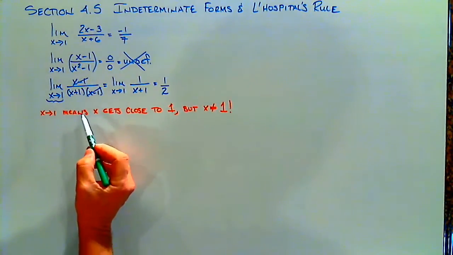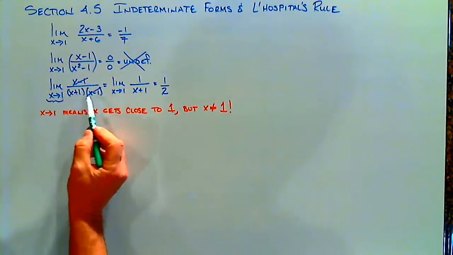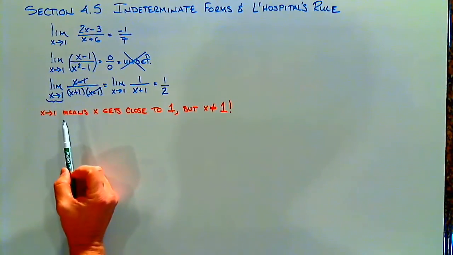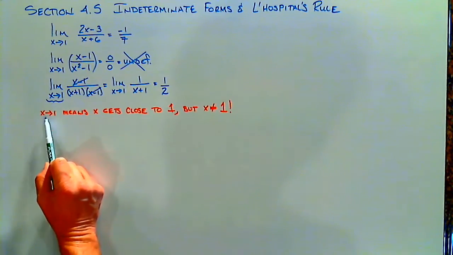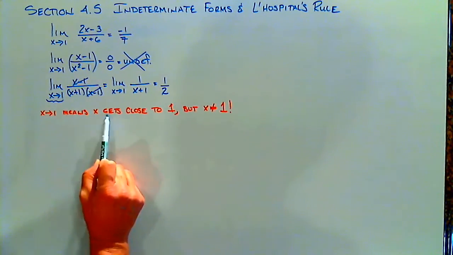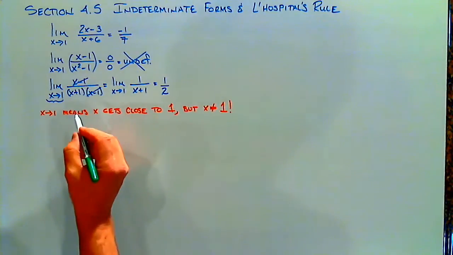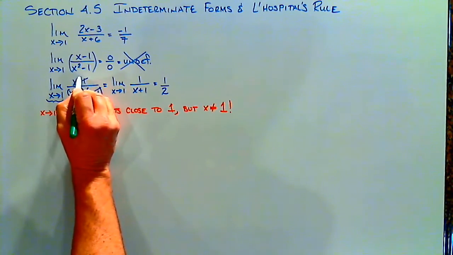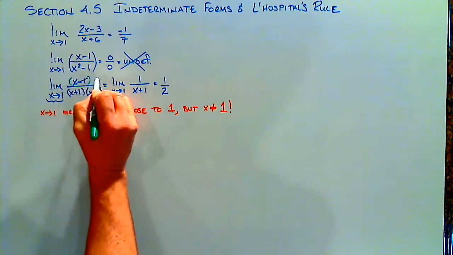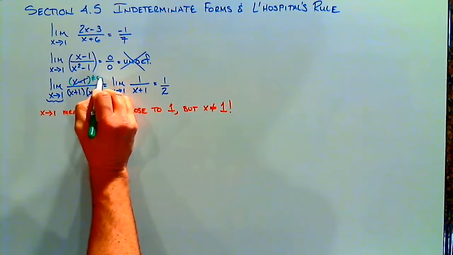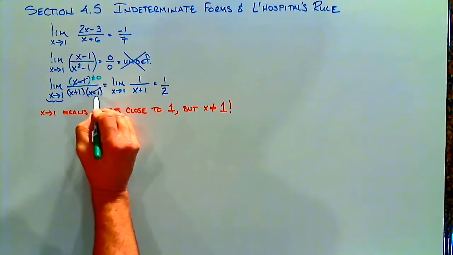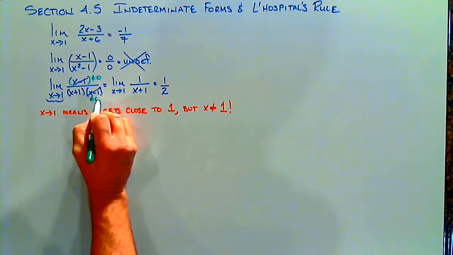So the way we got around that back in the beginning of limits, back in the beginning of the book, is we reminded ourselves that x approaches 1 means x gets close to 1, but it's not 1. What does that mean? It means this is not 0. And it means this is likewise not 0.